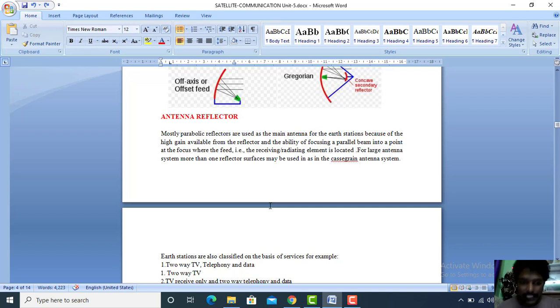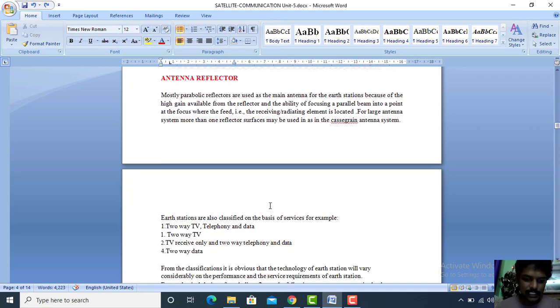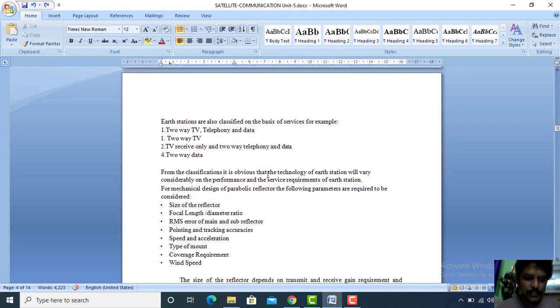A large number of antenna systems use at least one reflector. These are some examples to show the classification, done in terms of the two ways of projecting the signal transmissions.